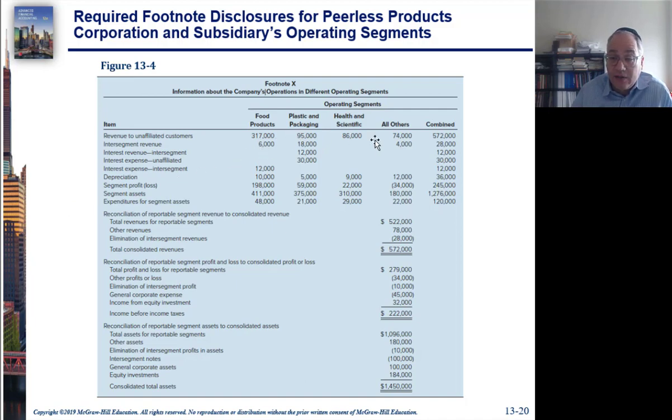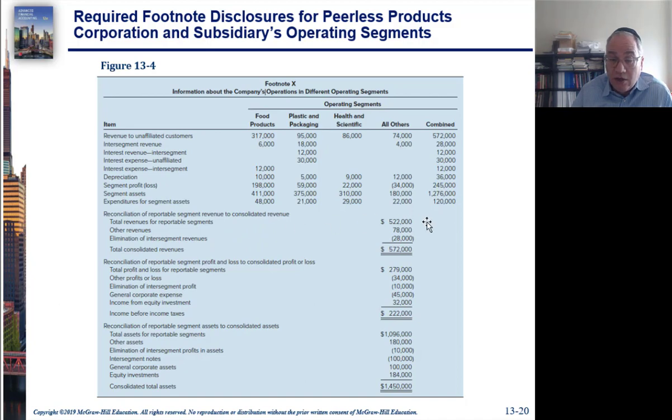So for revenue you have these 3 segments, and then you have other. So revenue from unaffiliated customers, intersegment revenue, interest revenue, depreciation, segment profit and loss, segment assets, and segment expenditures. And most companies provide more information because that's what the SEC requires. This reconciliation here is very important.